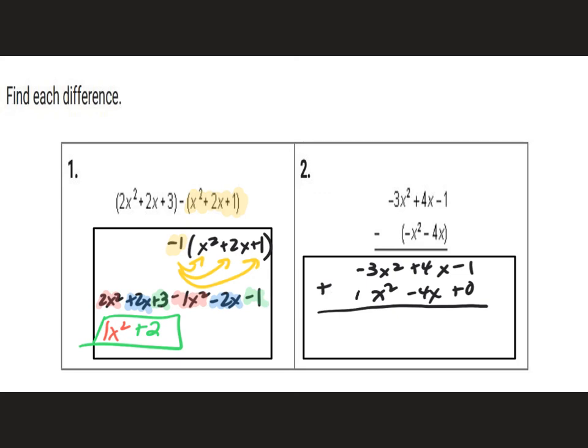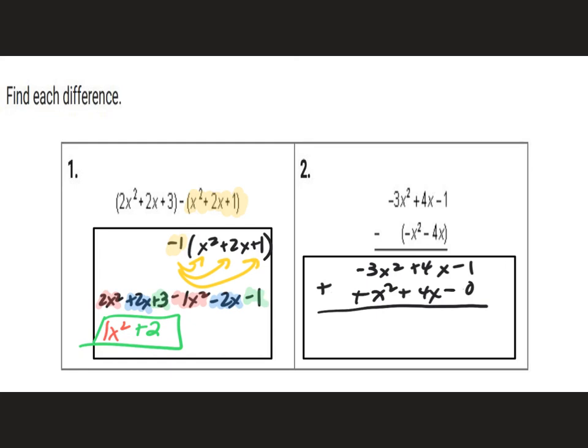So let me write that. -1 times -4x is going to be positive 4x. So let me change that to a plus sign. And then -1 times 0 is still going to be 0. I can change that to -0, but it's not really going to make a difference. But just for educational purposes, I will change that to a 0.